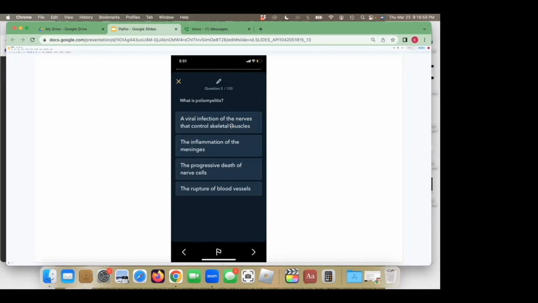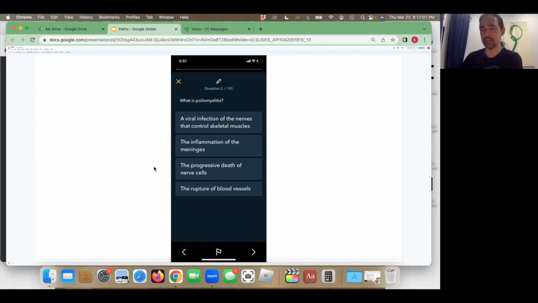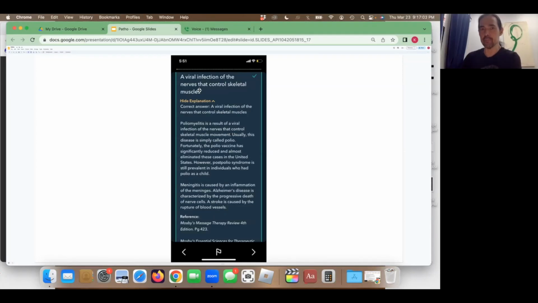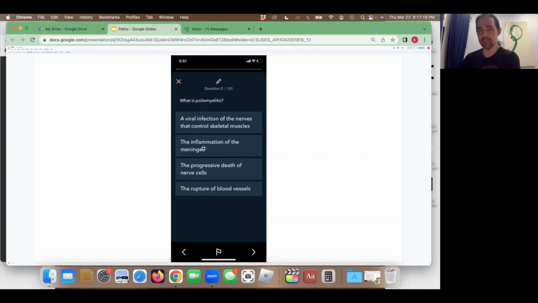But let's differentiate from some of the others, okay? Polio is a viral infection of the nerves that control skeletal muscle movement. There's a polio vaccine. The second one, meningitis, is inflammation of the meninges.